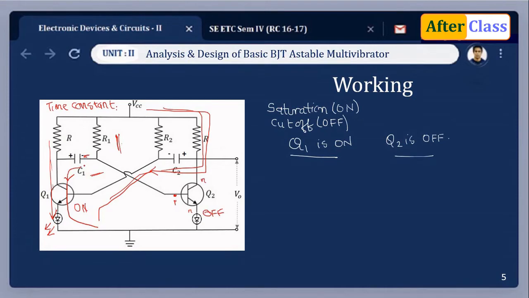When this voltage across C1 reaches the cut-in voltage of 0.5, then this transistor will go into on condition, because the voltage across this capacitor is available to the base of transistor Q2. The moment this capacitor voltage reaches the cut-in voltage, the transistor goes into on condition. Now we'll discuss that with the next figure.